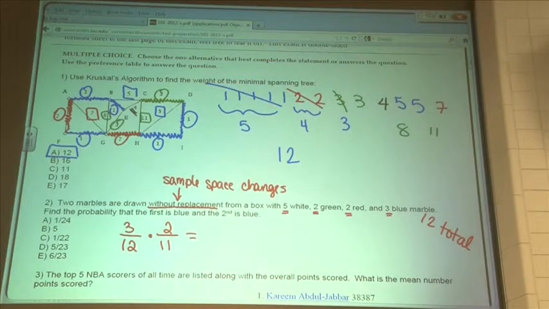Together, 3 out of 12 times 2 out of 11. 1 out of 22. You can use your calculator for that one.